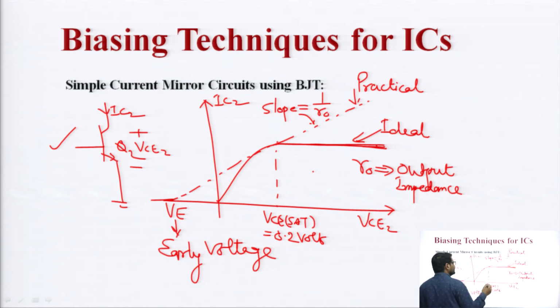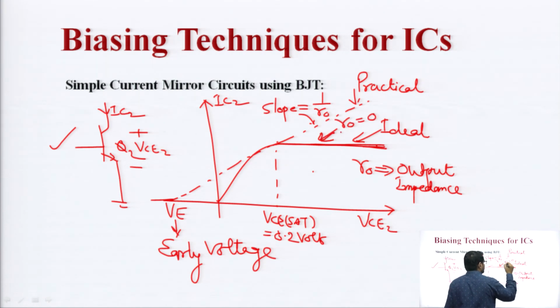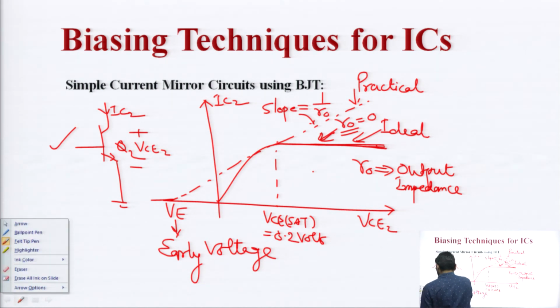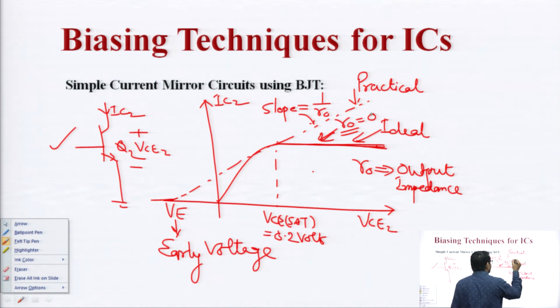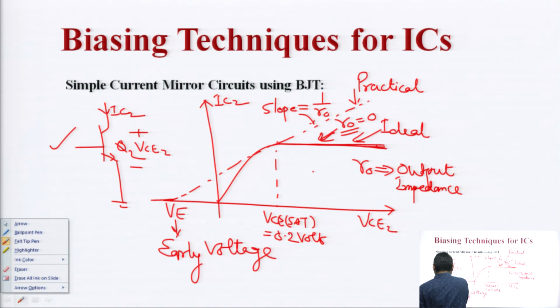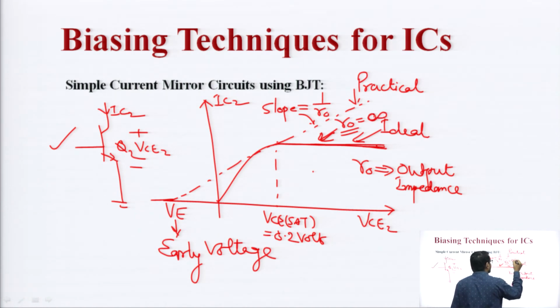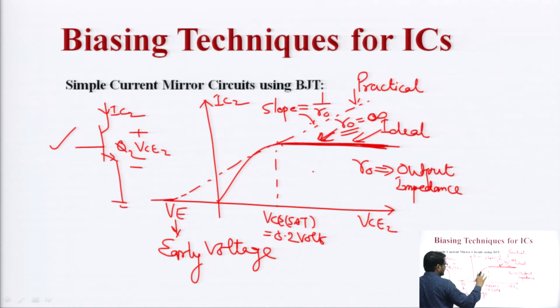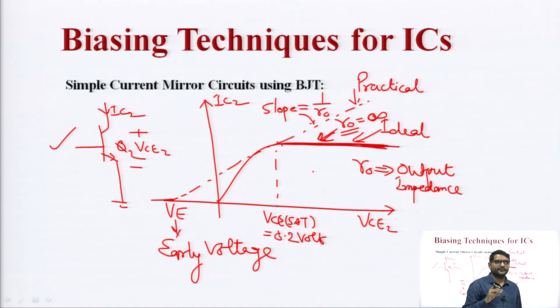But for the ideal case, RO must be 0... sorry, no, RO must not be 0, it must be infinite. If RO is infinite, the slope becomes 0, and for a constant line the slope will be 0.